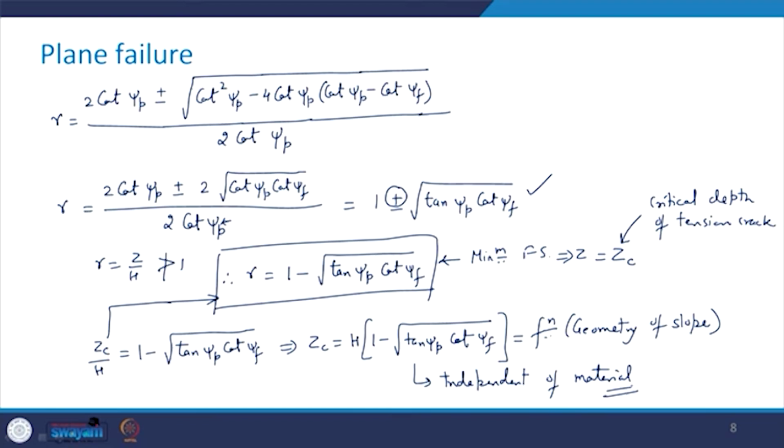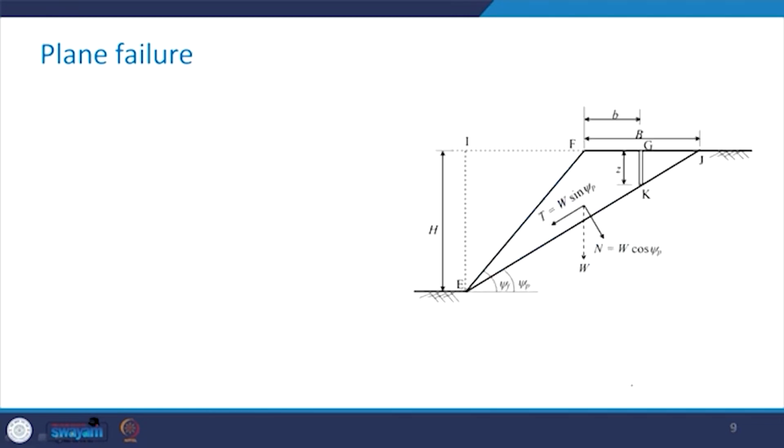Keep this in mind. Now, the next step is going to be to know where this critical tension crack will occur, that means the critical location of the tension crack.